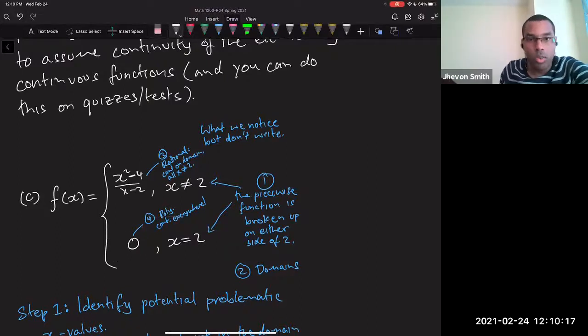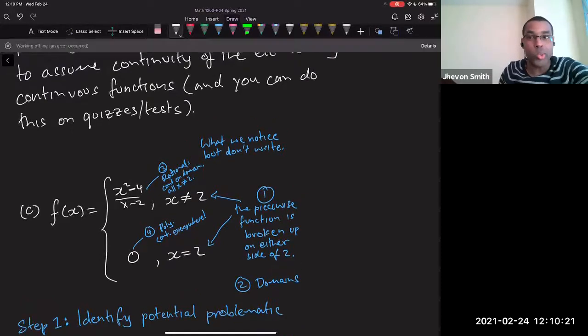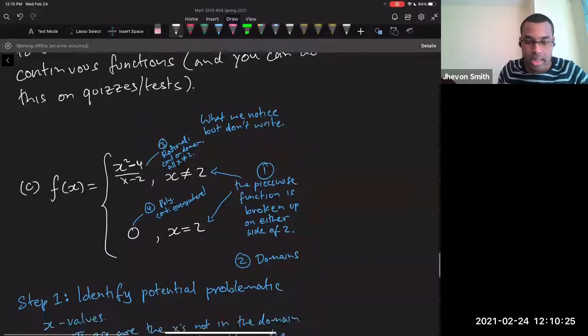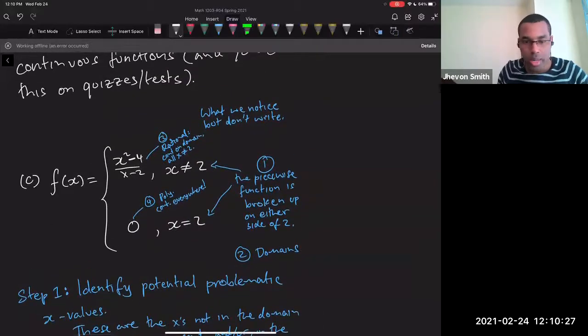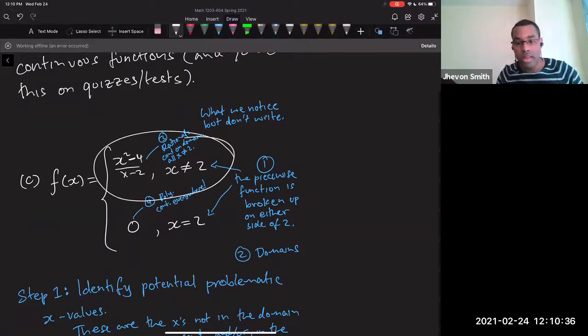Which means when I'm taking the limit, I care about everyone other than 2. All the people on the left and the right of 2 that are approaching, that is getting close to 2. I don't care about 2, which means when I'm looking at the limit, I'm looking up here, right?